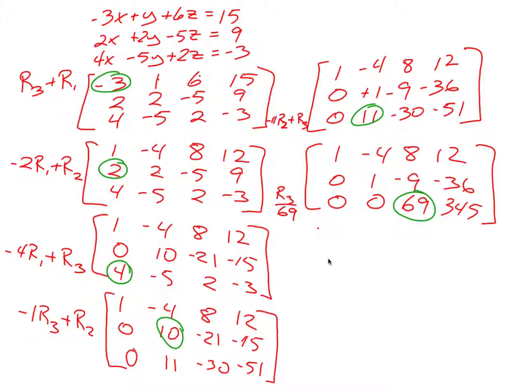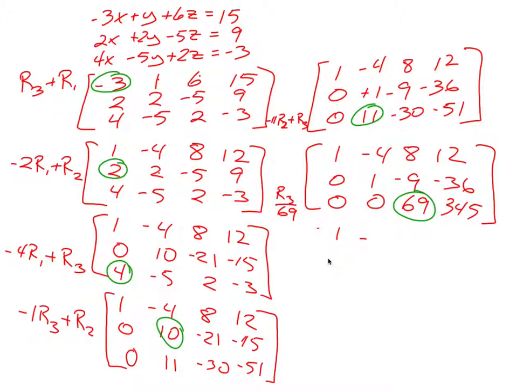So just do row 3 divided by 69. That's the one you want to divide on, is the last one. I can divide early as long as what happens? Everything is divisible by it. Okay, so if everything's divisible by it, go ahead and divide. If it's not divisible, don't divide. But on this last one, I can always divide, even if it gives me a fraction.